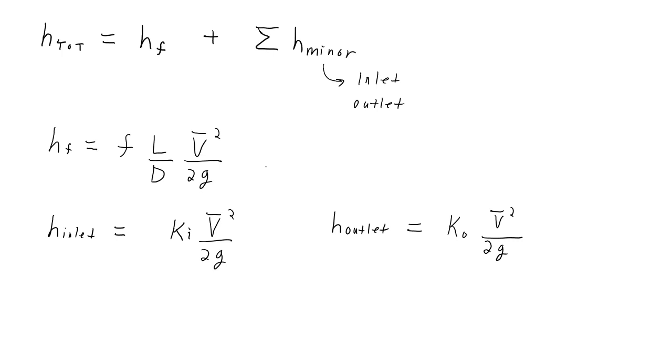Now, as I mentioned before, you can say that Ki, the inlet, is about 1/2, and the outlet, Ko, is about 1, since it's a larger reservoir.